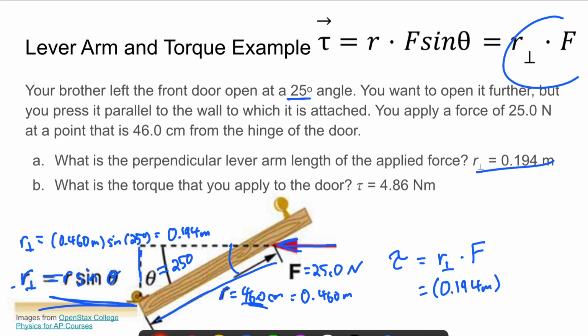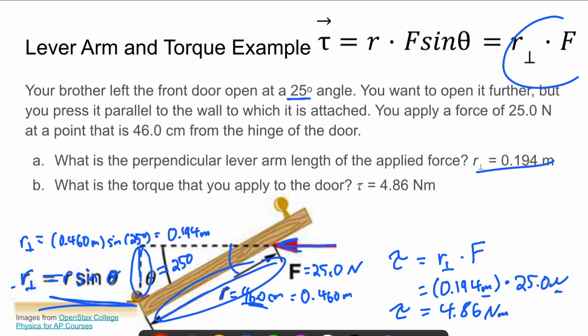Because look, since we're pressing parallel to the wall, this side is going to be so much shorter than our hypotenuse over here. We'll multiply that perpendicular lever arm times the force, which is 25.0 newtons, and we should end up with a torque of about 4.86 newton meters.